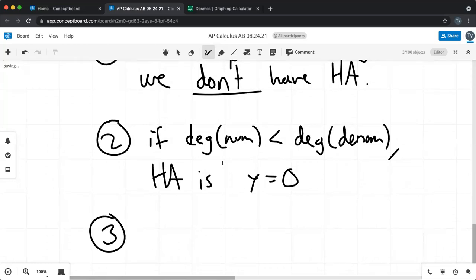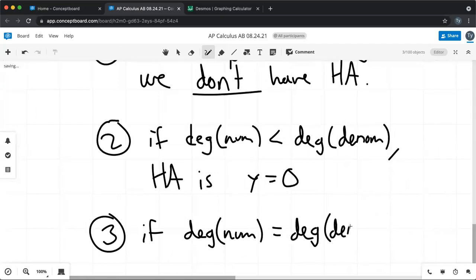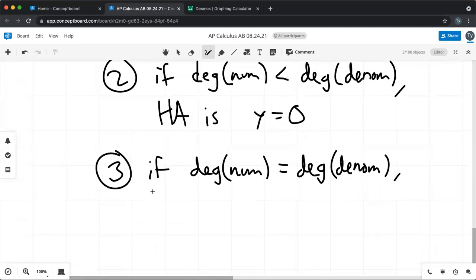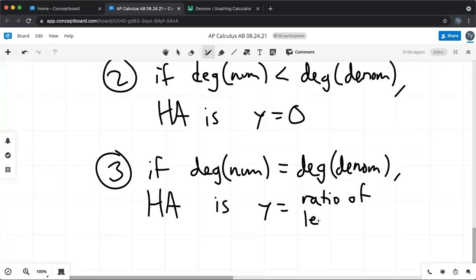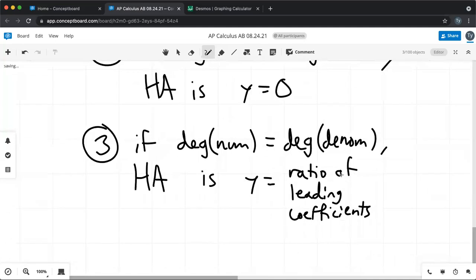And then the last case is when they're the same. So if the two degrees are the same, we take the ratio of the leading coefficients, and I'll explain that. Okay, so y equals the ratio of the leading coefficients. But what are these leading coefficients?